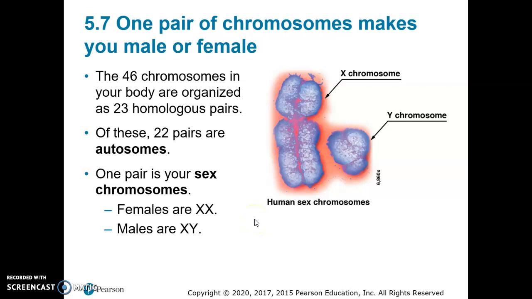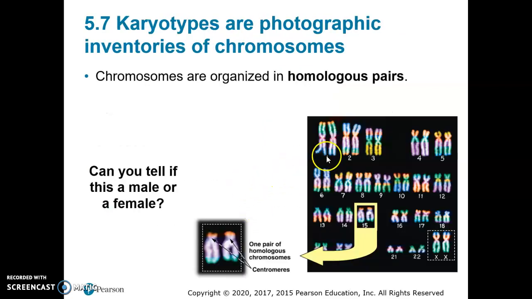Okay, so when it comes to talking about these chromosomes, we have just a little bit more terminology to get into. When we're looking at those chromosomes, remember they're coming in pairs. Here's the karyotype. One of these came from your mom, one came from your dad. There's no way for me to tell by simply looking at a karyotype which one came from your mom and which from your dad.